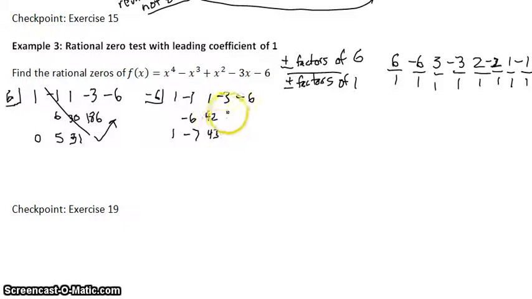You can start to see this one as well is not going to work out either. So that didn't give us a remainder of 0.